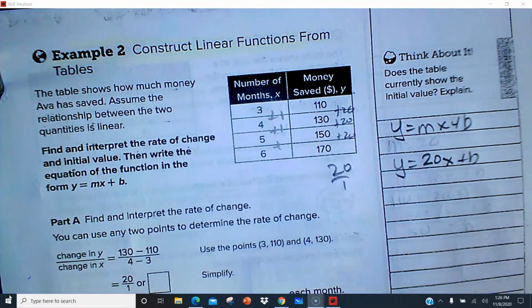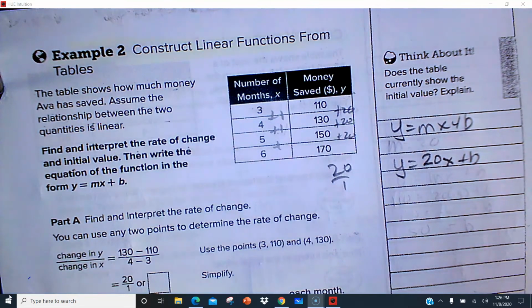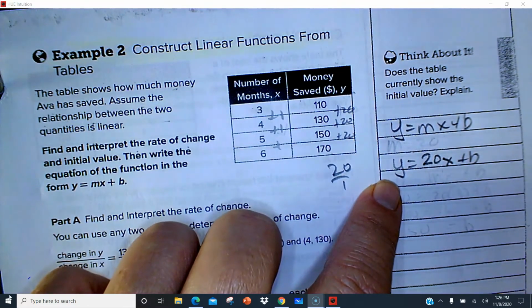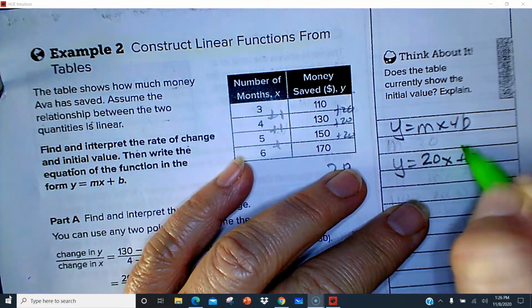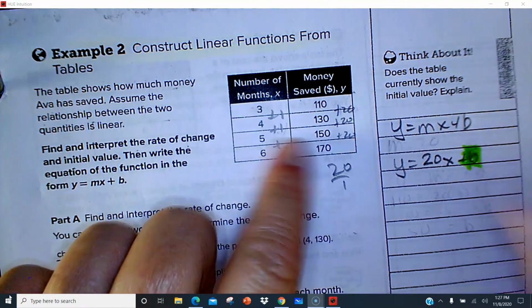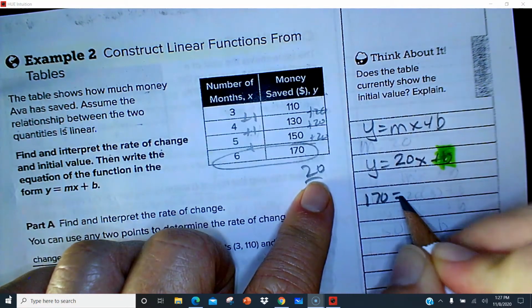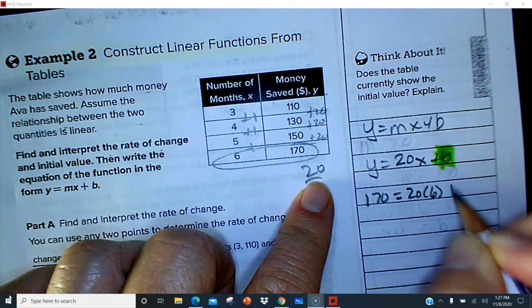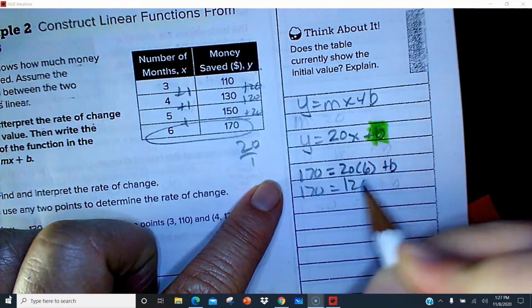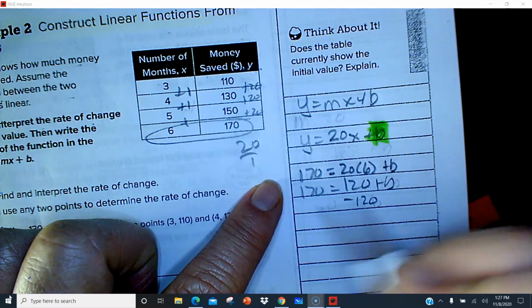But we don't have a b. So let's go ahead and find that. I'm a detective. I'll be able to find that using this. Any y, it doesn't matter. Let's use this guy right here. 170 equals 20 times 6 plus b. 170 equals 120 plus b. Subtract 120 from both sides.